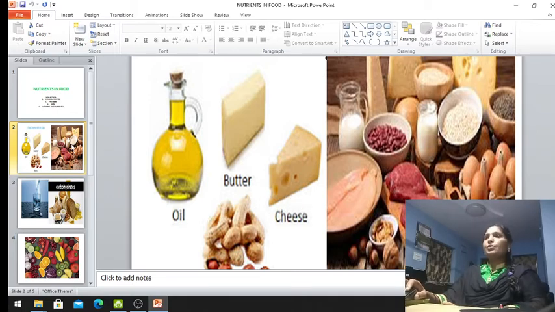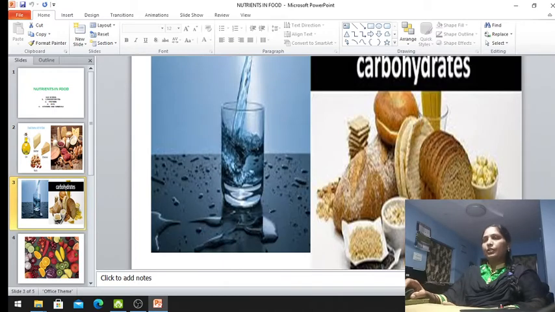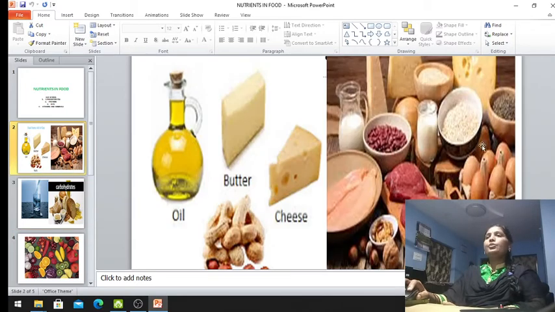So the first nutrient you learned about is carbohydrates. Carbohydrates give us energy. And the second nutrient you learned is proteins. Proteins help us to build our body. And the third nutrient you learned is fats. Fats are also giving us energy like carbohydrates, but they should be in less quantity in our diet.